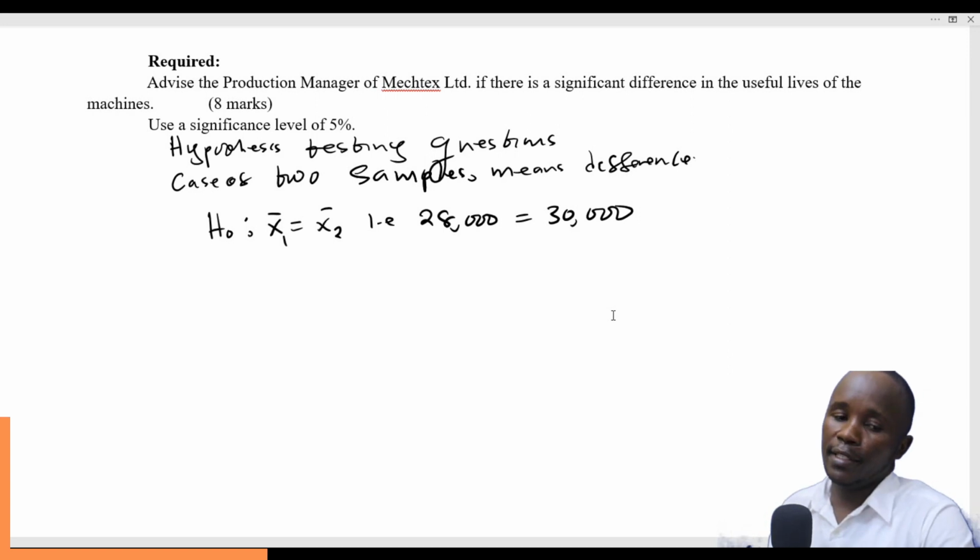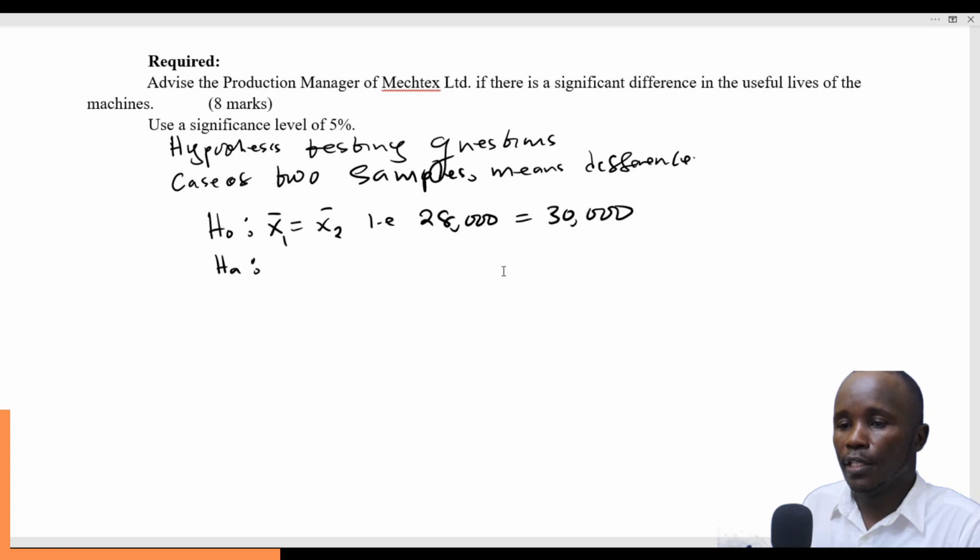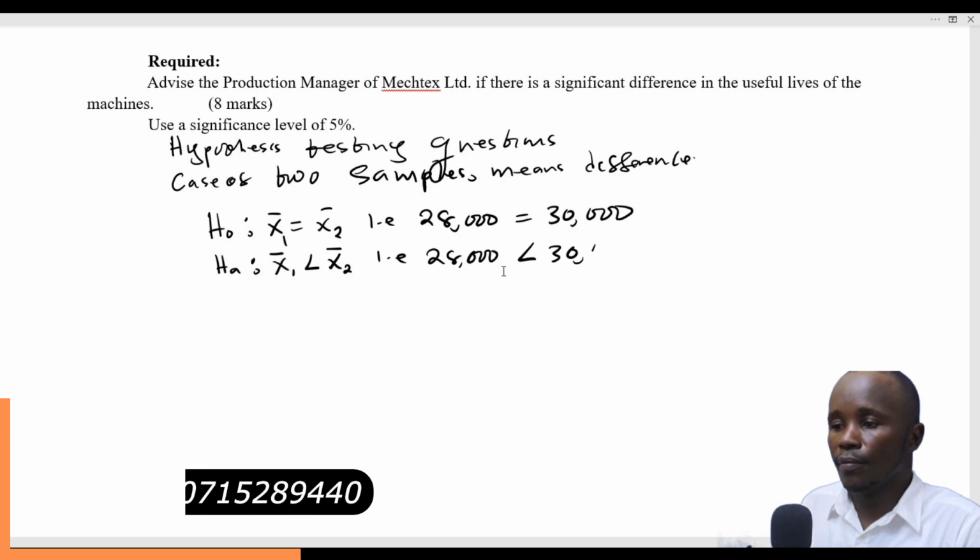The second one, HA, we assume that the mean of the first one, 28,000, is less than 30,000.